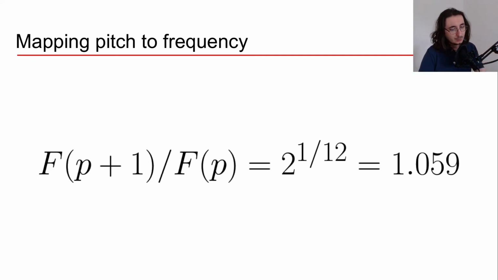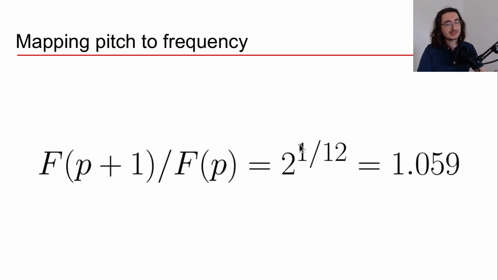Okay, so now one thing that I want you to notice here is that this is quite intuitive. Basically we're saying that every time we go up an octave, the multiplication factor of the frequency is going to be equal to 2.